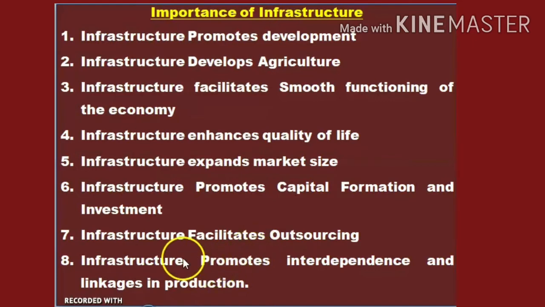So the eighth point is that infrastructure promotes interdependence and linkages in production. Economic infrastructure and social infrastructure work in coordination, and together they promote the benefits of being interdependent and cause linkages in producing goods and services.